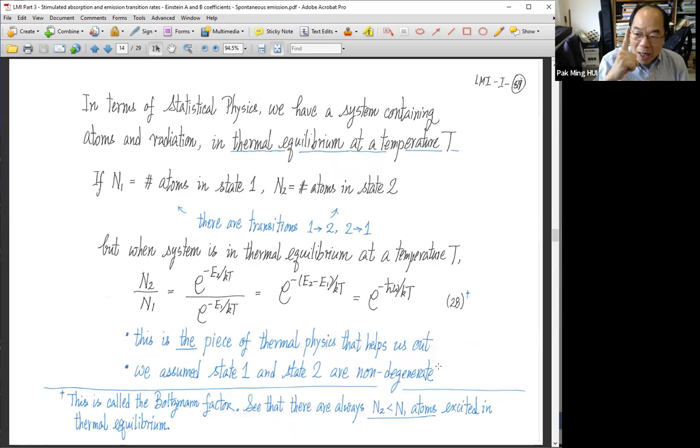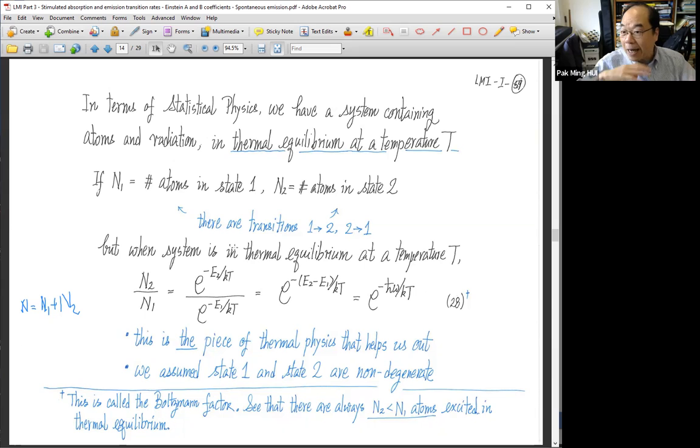We only need one small piece of thermophysics. This is the Boltzmann factor. That's it. What does it say? It says the following. I have a total number of N atoms, and they form two groups.